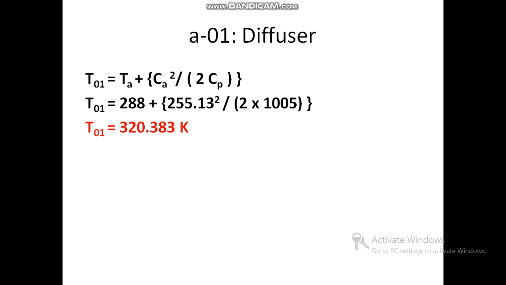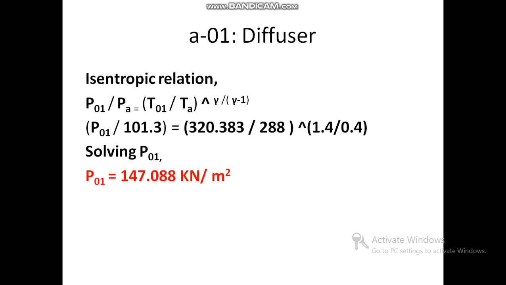We know that the Cp value is constant for air, it's 1005 joules per kg Kelvin. By substituting the Ta value, Ca square and the Cp value, we will get T01 is equal to 320.383 Kelvin. These are the diffuser values.